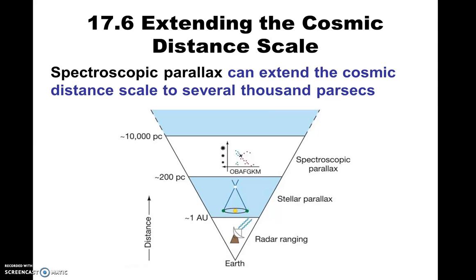And then within the last 10 or 15 years, the European Space Agency sent up a spacecraft called Gaia. And Gaia has extended the baseline so that we can use stellar parallax pretty accurately out to almost 10,000 parsecs.